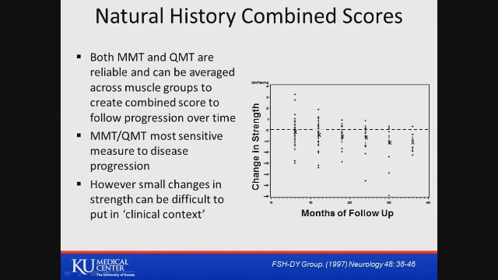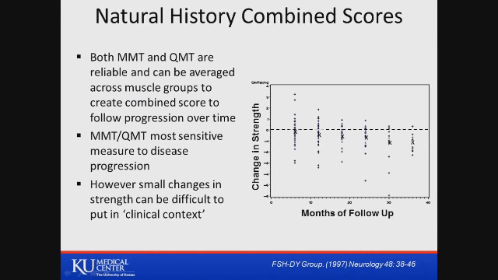You can average muscles across multiple muscle groups to get a combined score that you can think of as the average overall strength of an individual, which you can follow over time. The data in this graph is from one of the longest natural history studies in FSHD, and it shows a change in strength on the y-axis, months of follow-up on the x-axis.